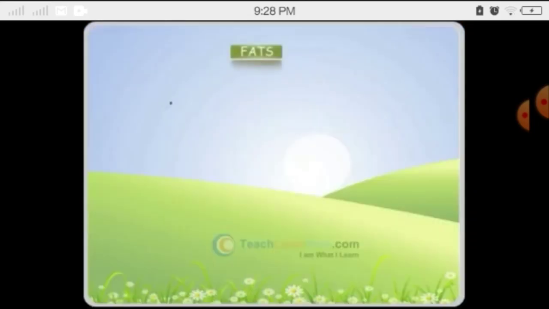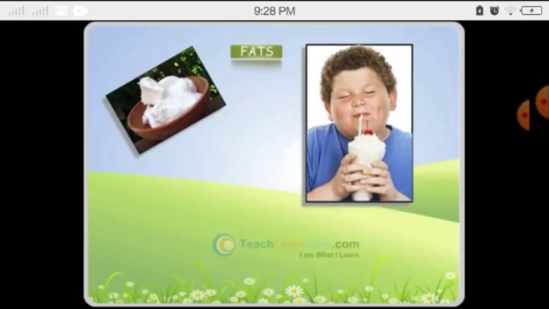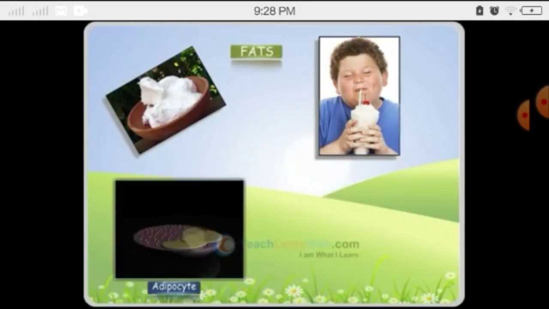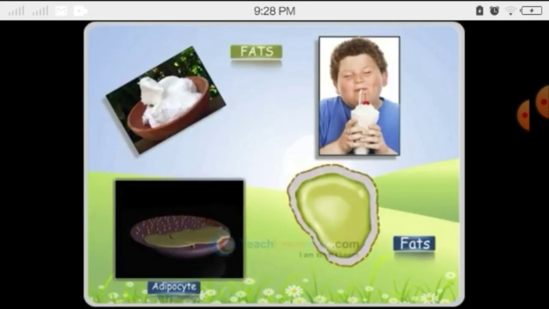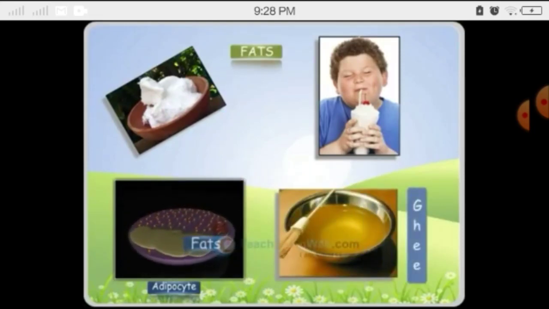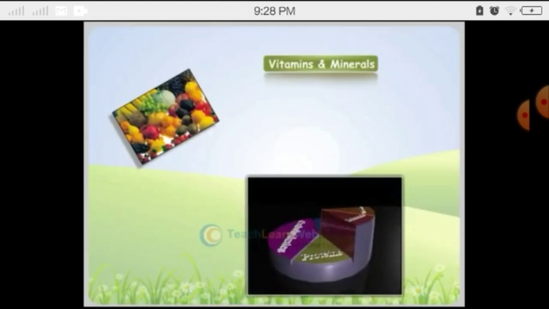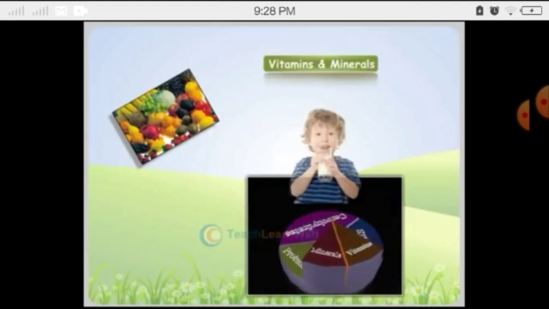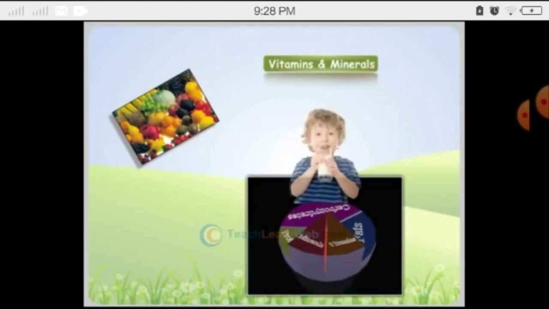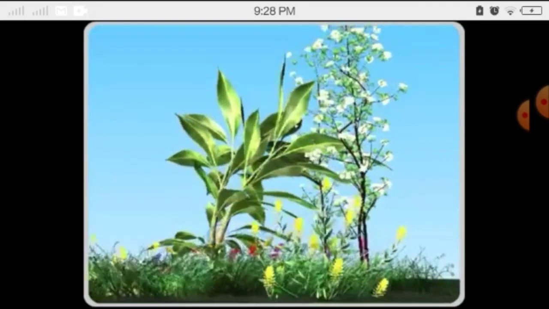Fats are stored energy forms of the body. They are the main constituents of adipocytes, which are fat storing cells. Example, ghee. Vitamins and minerals are the accessory supplements of food. All the organisms require food to live.